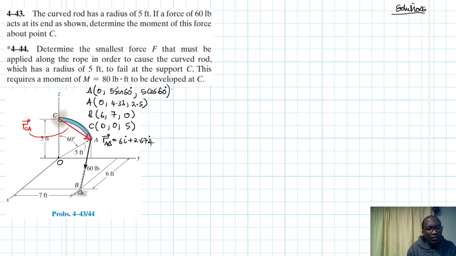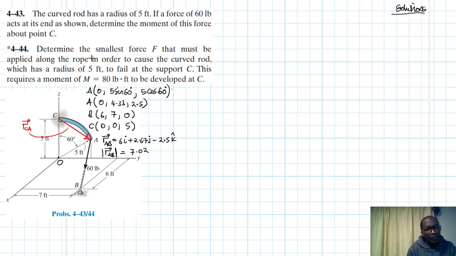And then we have 0 minus 2.5, that's a minus 2.5k. And then the magnitude of this, we need that because we need a unit vector there. That's 6 squared plus 2.67 squared plus 2.5 squared, square root of that. So we have 7.02.